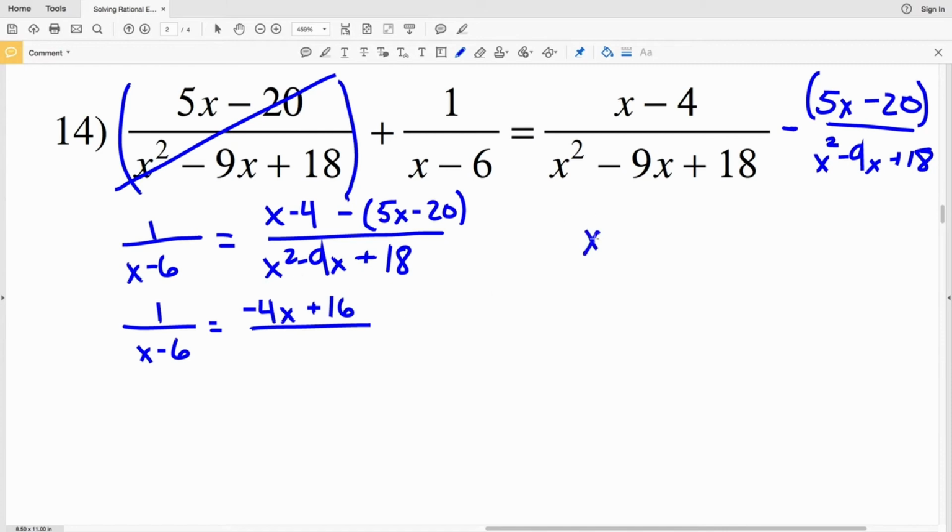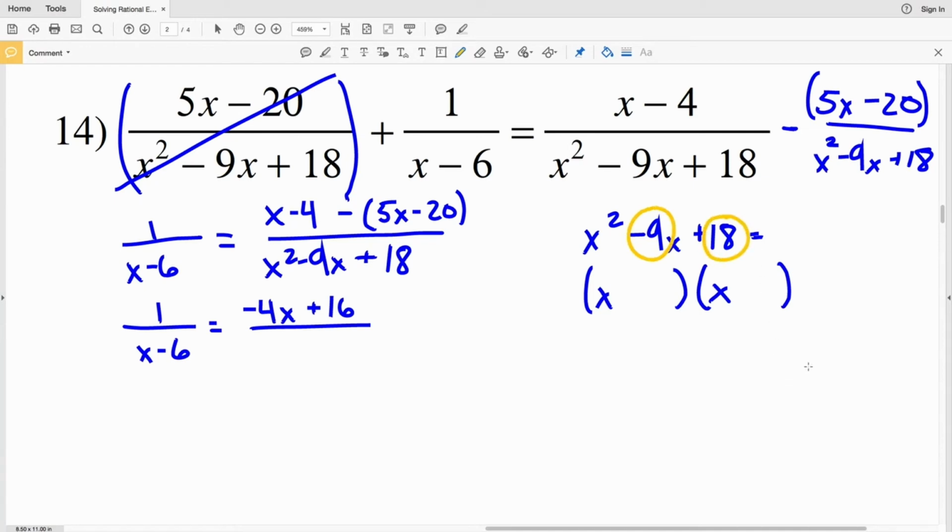But let's look at this x squared minus 9x plus 18. I want to rewrite that as x plus or minus some quantity times x plus or minus some quantity. So we need to see what two numbers add to give us a negative 9 and multiply to give us an 18.